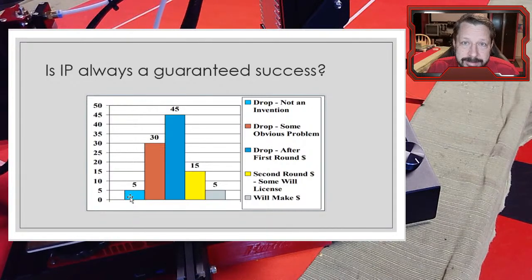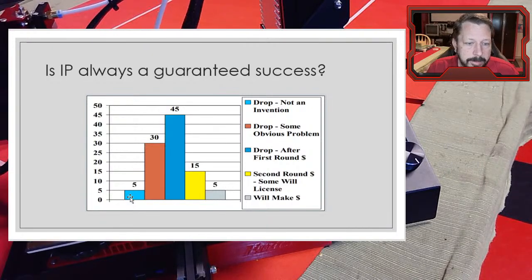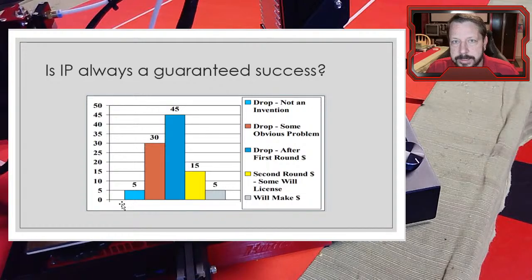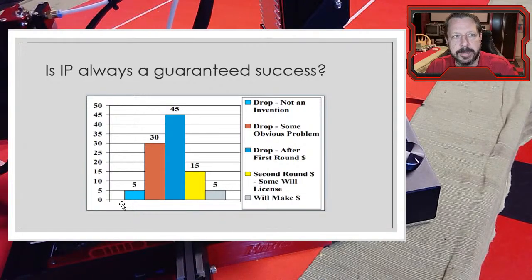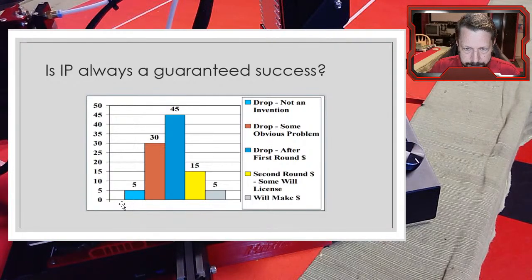It's already patented in 1890 or whatever, and so it's not an invention. It's already done. Or it's an intuitively obvious thing, and you can't patent things that are obvious.